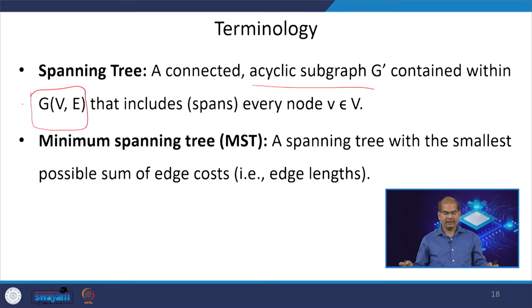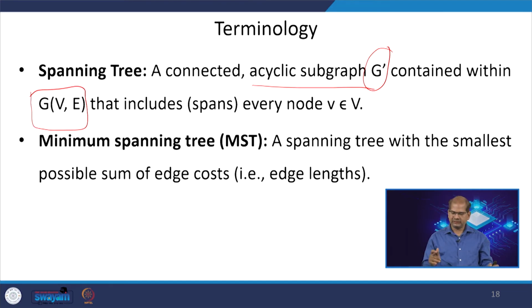I need to find a subgraph G bar or G prime, and it should connect each node, there should be an edge path between every node, that is called a spanning tree. A spanning tree is a connected acyclic graph.